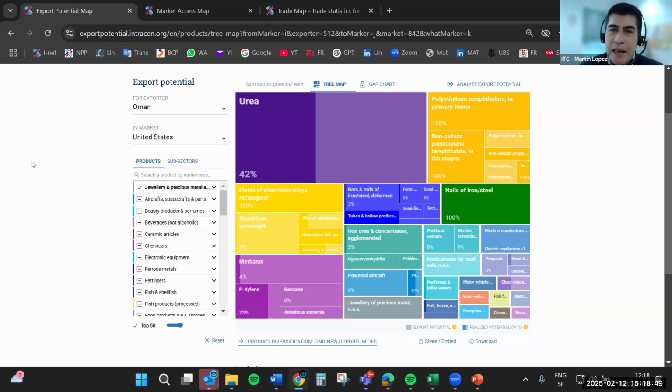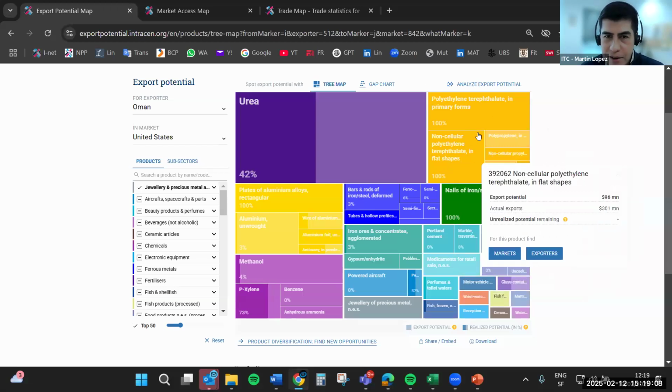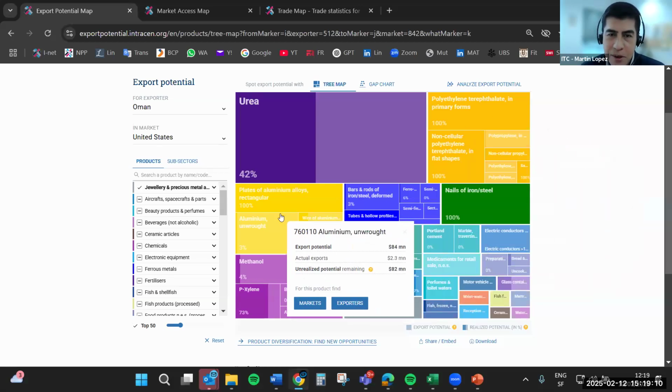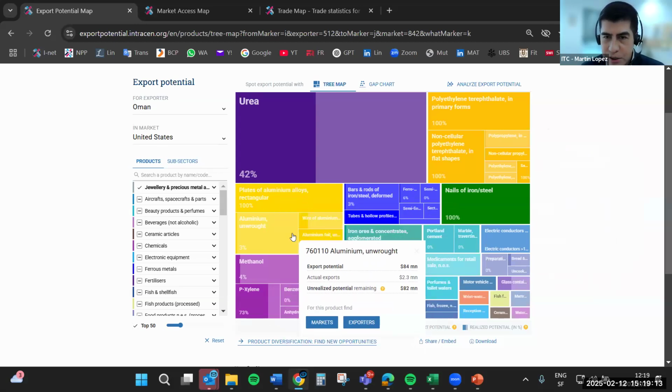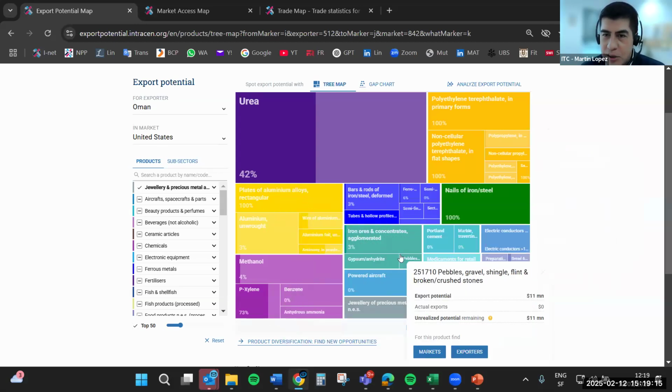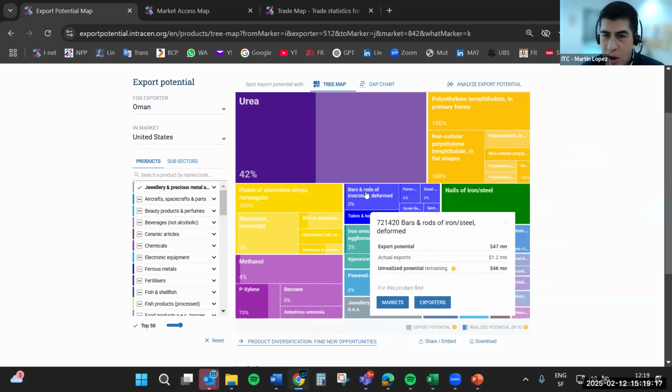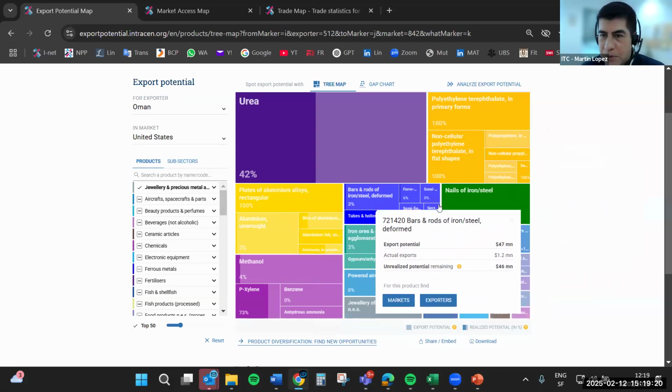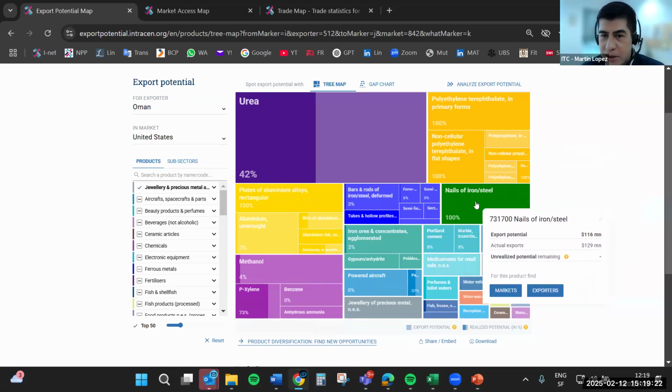For example, this is telling me that some products that could have good opportunities to penetrate or to keep on gaining market share in the US are urea, this fertilizer that you know well, non-cellular polyethylene here in yellow, plate and aluminum alloys, all this section here in yellow, then some iron products here in purple, more products of iron here in green.